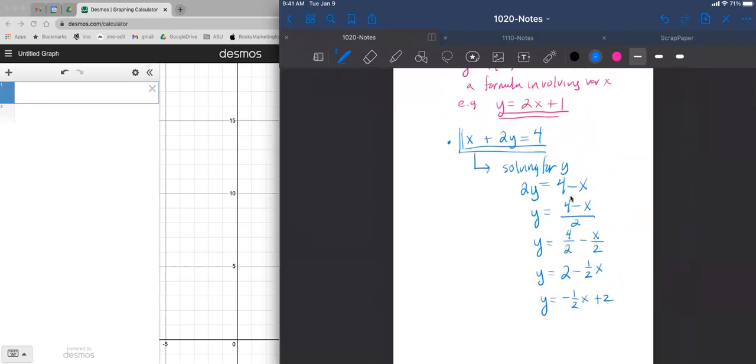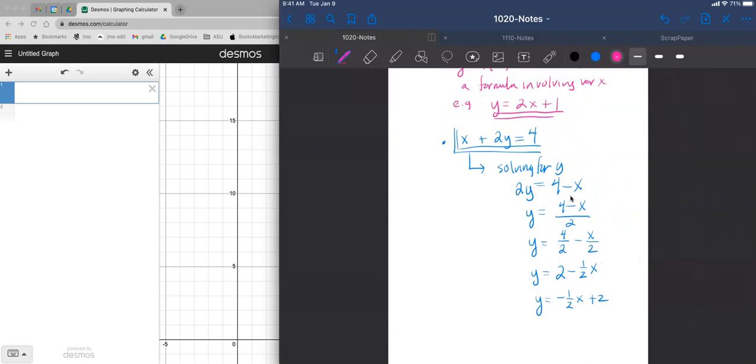Now we can see that these equations look somewhat similar to each other. The equation that we were originally given can be rearranged into a form that looks like y is equal to mx plus b, which is a special form for the equation of a line.